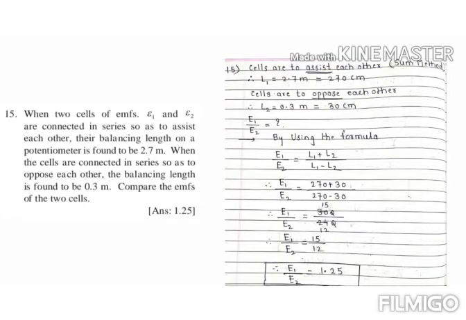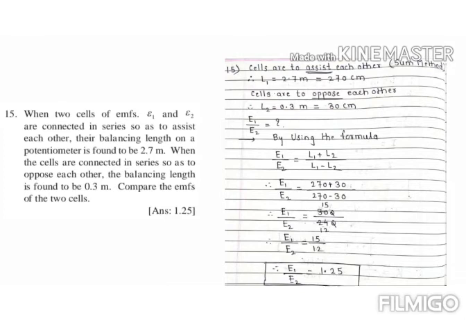Here, the two cells are to assist each other. That means sum method, and the balancing length for the sum method is L1 is equal to 2.7 meter, which is equal to 270 centimeter.